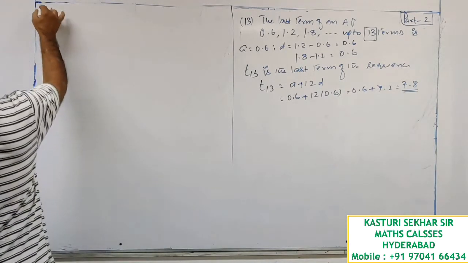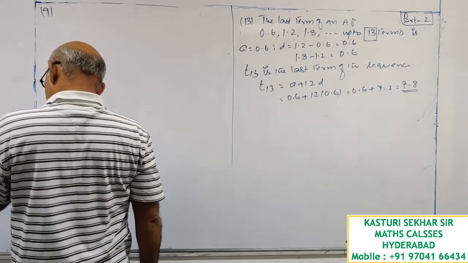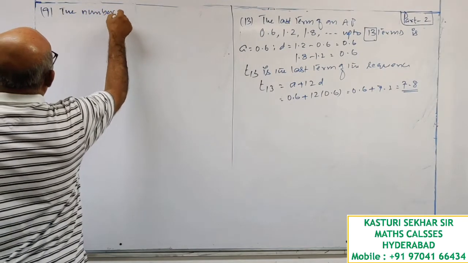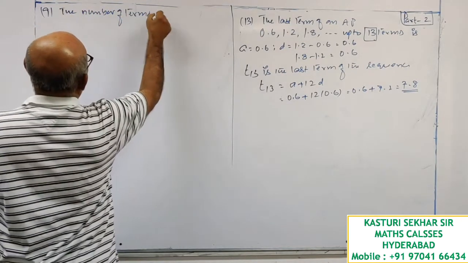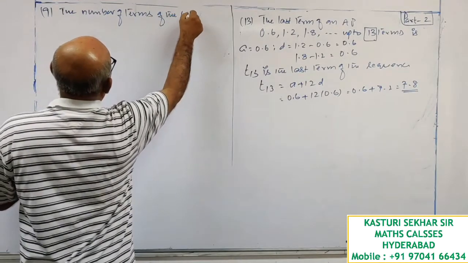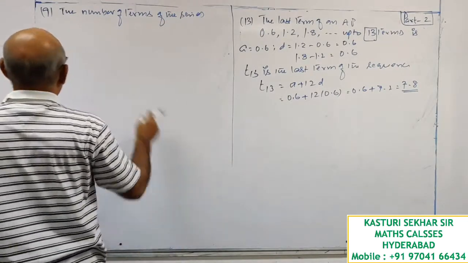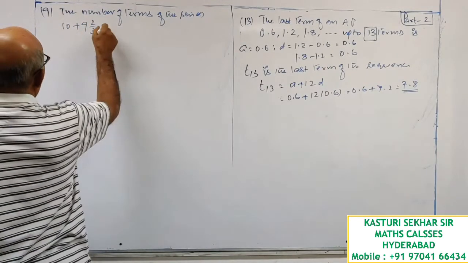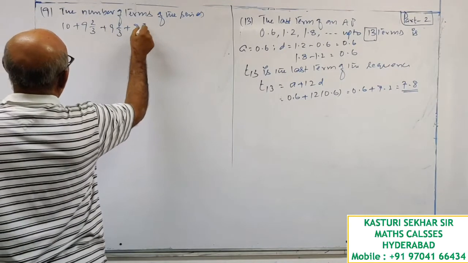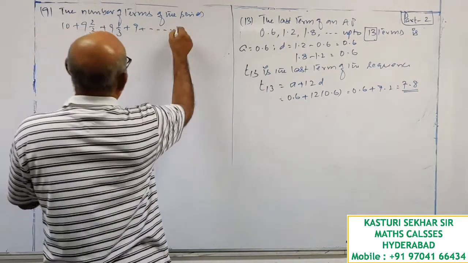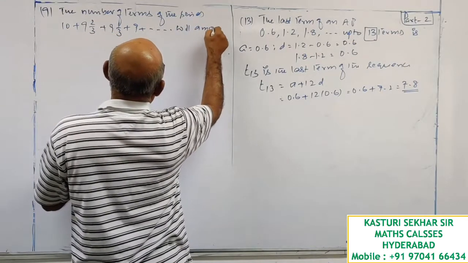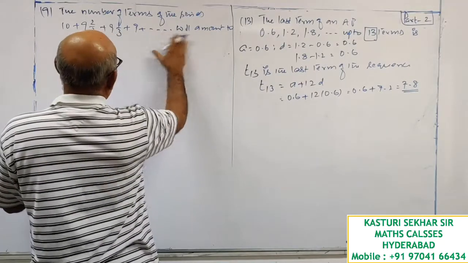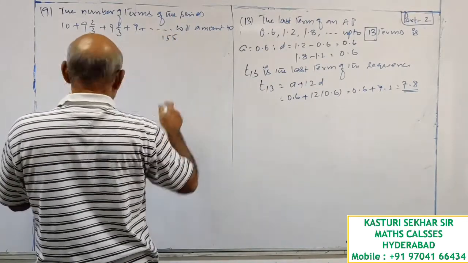Now look at the ninth question. The number of terms of the series 10 plus 9 2 by 3 plus 9 1 by 3 plus 9 plus etc. will amount to 155 is.